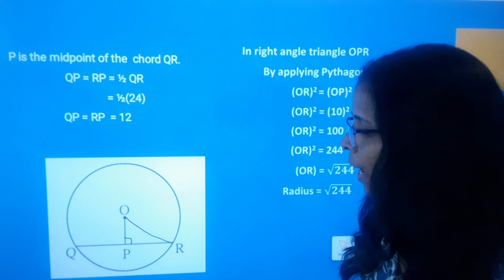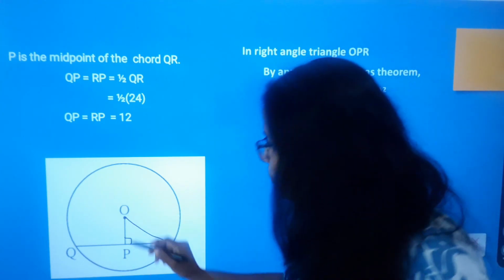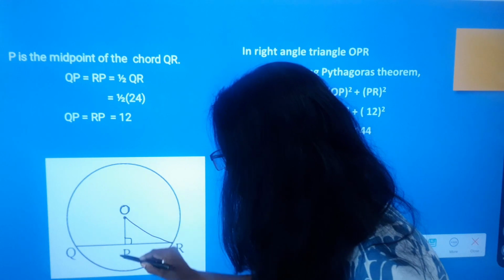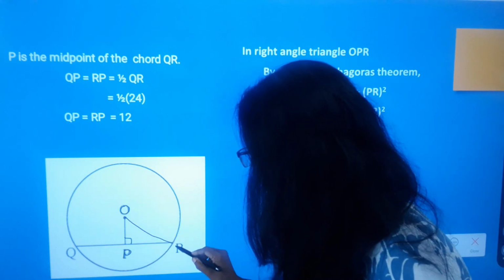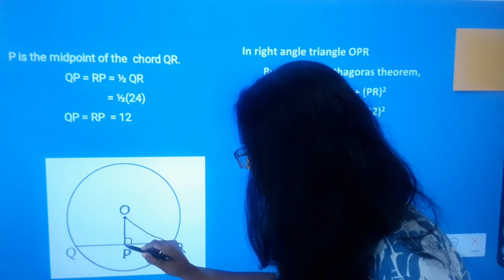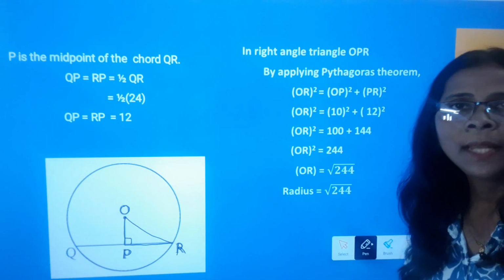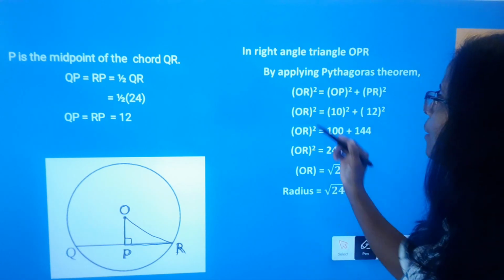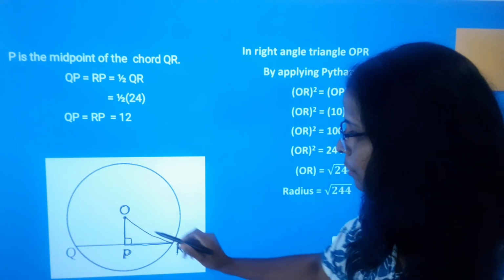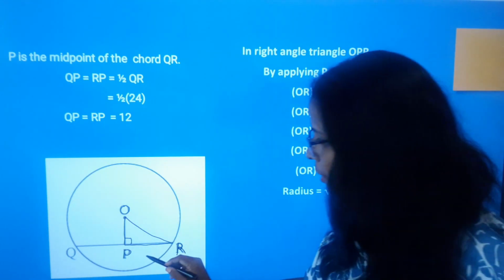As we join OR, triangle OPR, this triangle, students, is a right angle triangle. So now we can apply the Pythagoras theorem here. OR square is equal to OP square plus PR square.